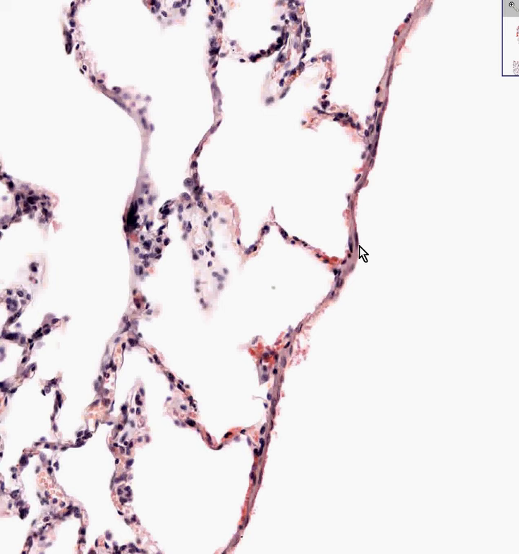I believe you could probably call that a surface mesothelial cell nucleus, and probably there as well, and probably there as well. So we have a visceral epithelial cell as part of the pleura.